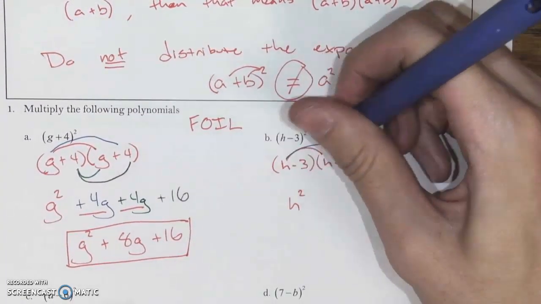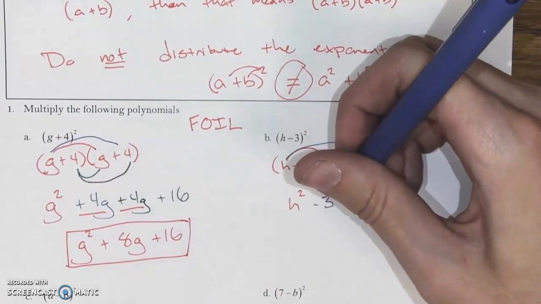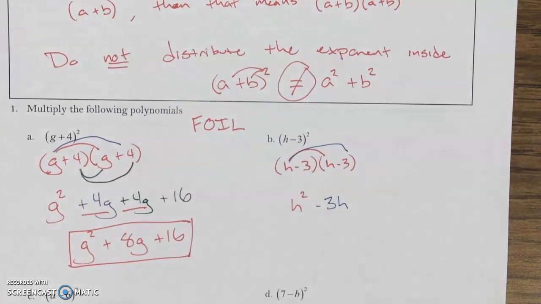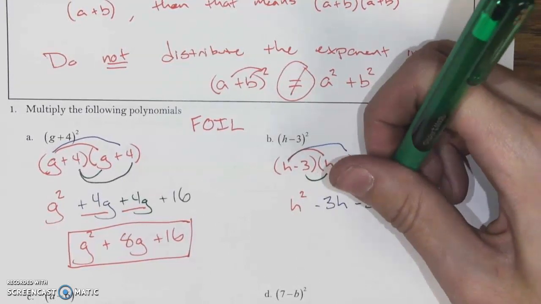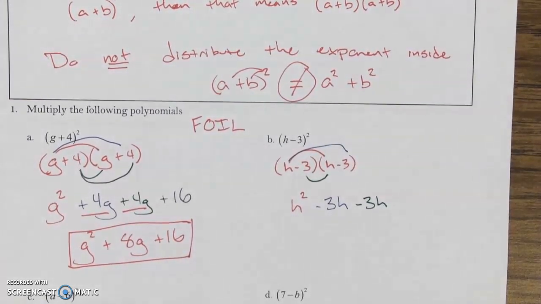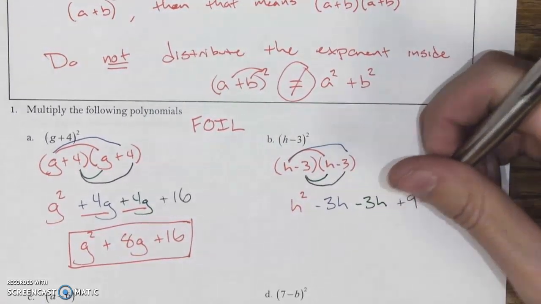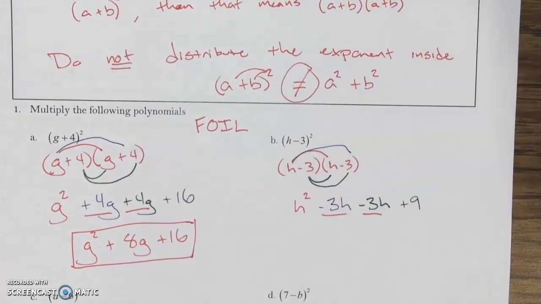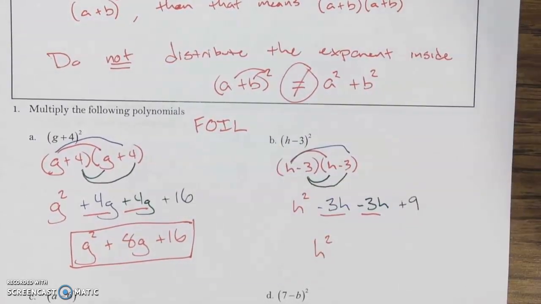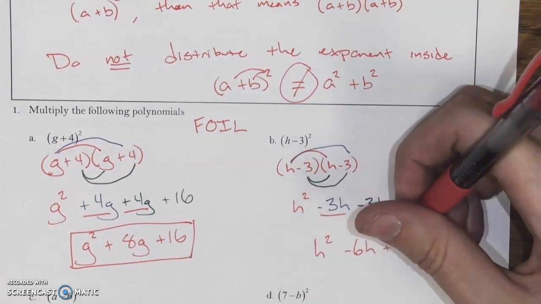Outer, h times negative 3 gives us a negative 3h. Inner, negative 3 times h gives us a negative 3h. And last, a negative 3 times a negative 3 gives us a positive 9. Again, we combine like terms. So we have h squared minus 6h plus 9.